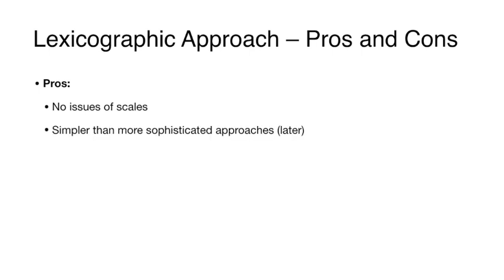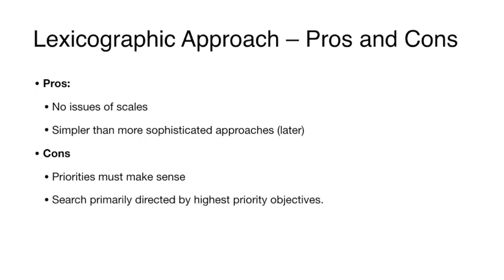The lexicographic approach is useful in that it does not suffer from issues of scales because it compares values for each objective separately. It is also simpler to use than some sophisticated approaches to be discussed later. However, the downside is that the priorities must make sense based on the problem domain. Also, the search process or the optimization process is primarily led by the highest priority objective.